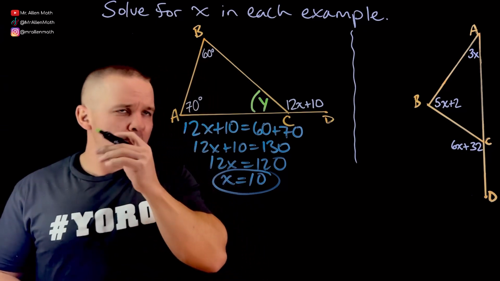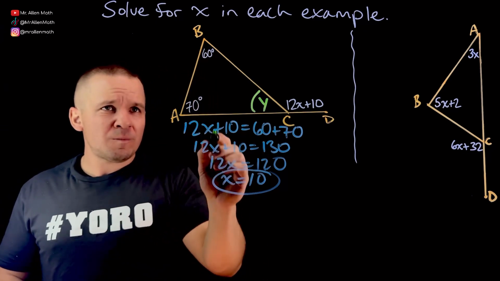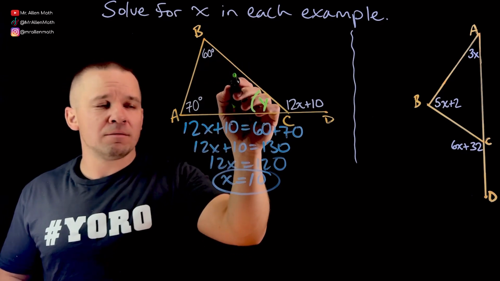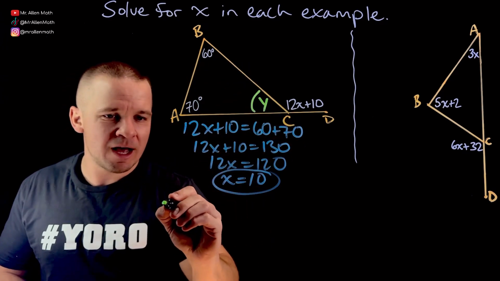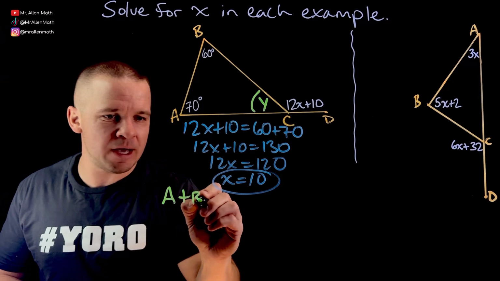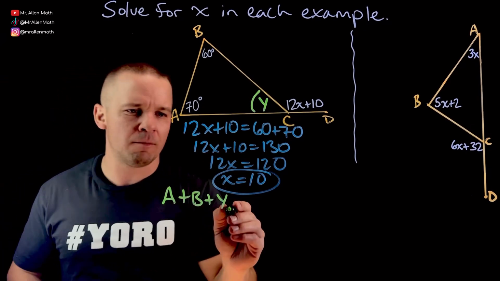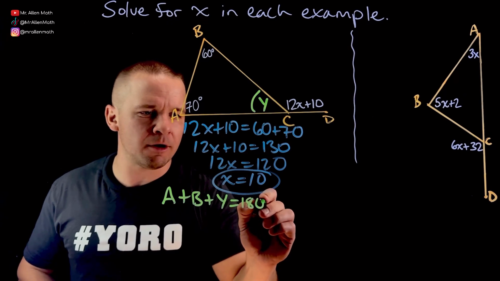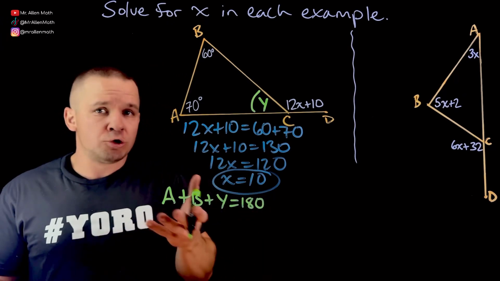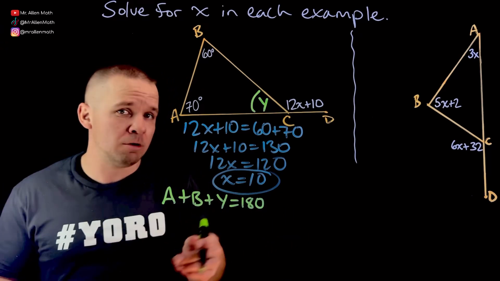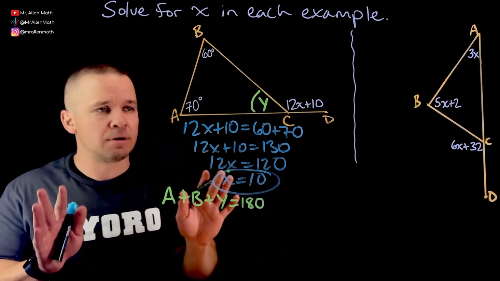I know that angle A plus angle B plus angle Y, and I'm going to write it just as A plus B plus Y, I don't want to use any other notation here because it muddies it all up. All three of those have to add up to 180 degrees, right? Triangle, all the angles add up to 180 degrees in a triangle. Cool? Good with that? I think we're good with that.